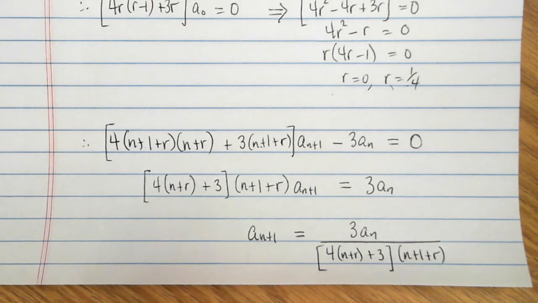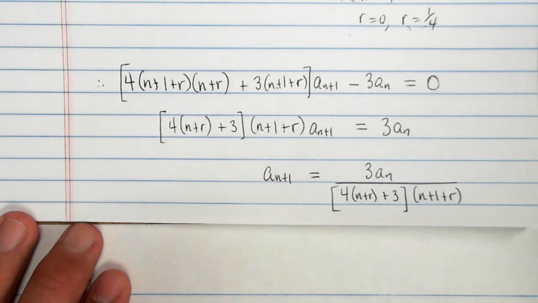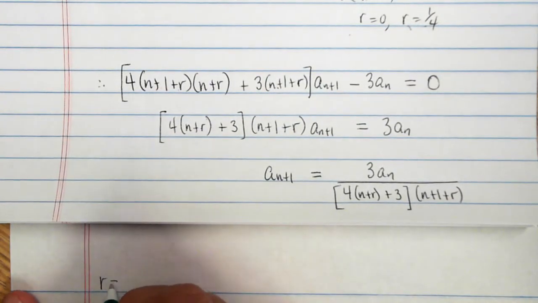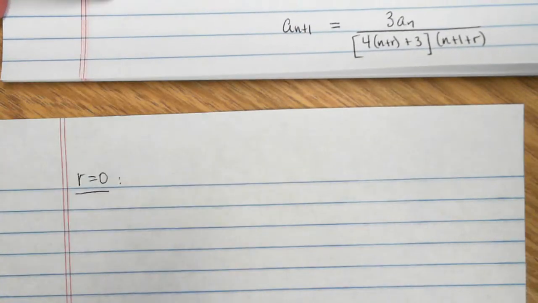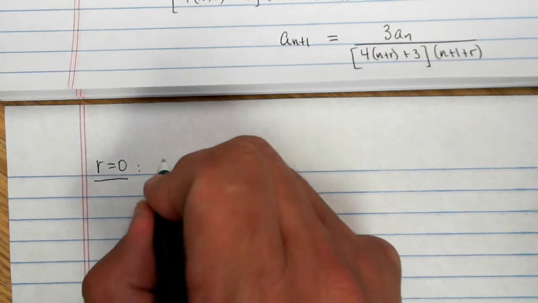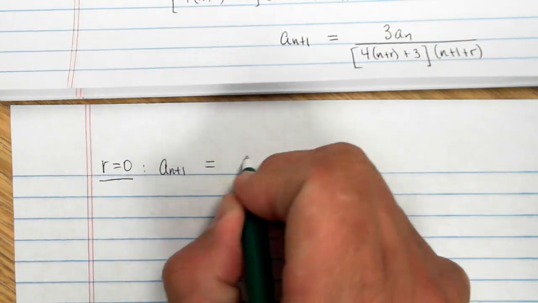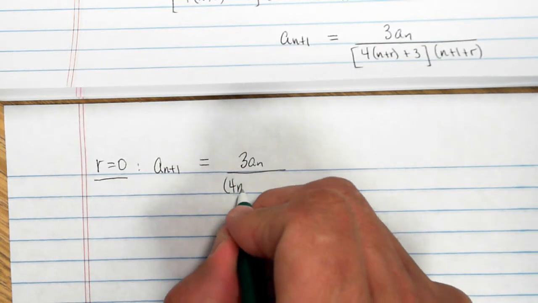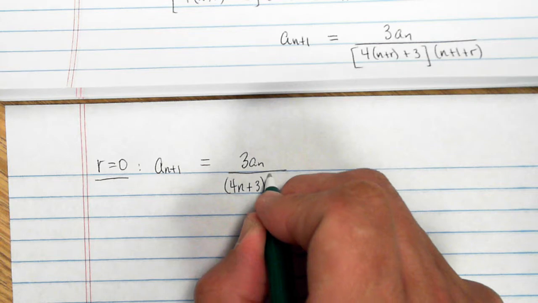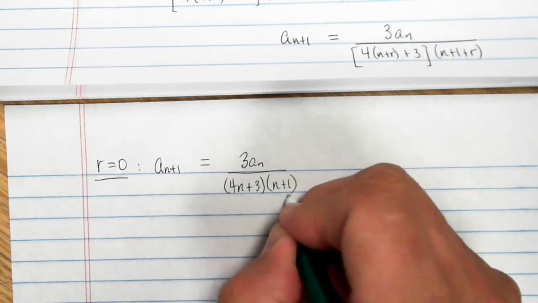Okay, so let's go ahead and do this. Fresh sheet of paper, two possibilities. Case 1, r equals 0. If r equals 0, then that gives me that a sub n plus 1 is equal to 3a sub n over (4n plus 3) times (n plus 1).